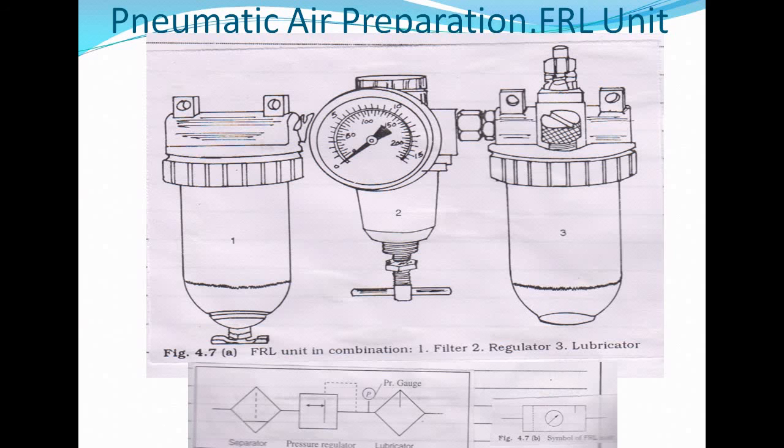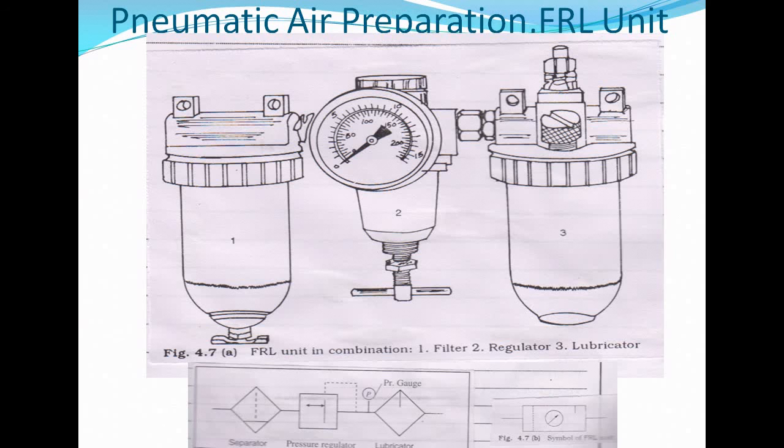Now let us see the function of each component. Filter is used to pass clean air to the actuator. So filter will not allow any impurity in the air. It will block the impurity in the air at the filter itself.